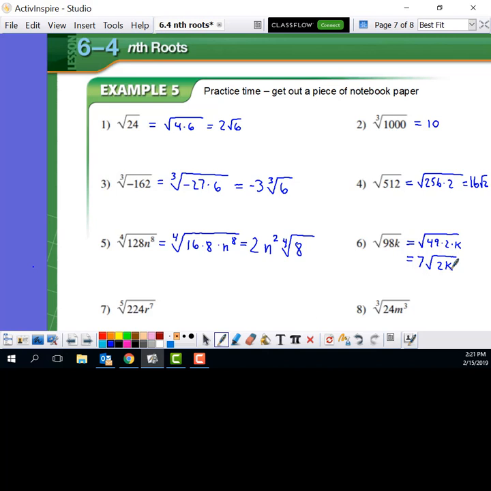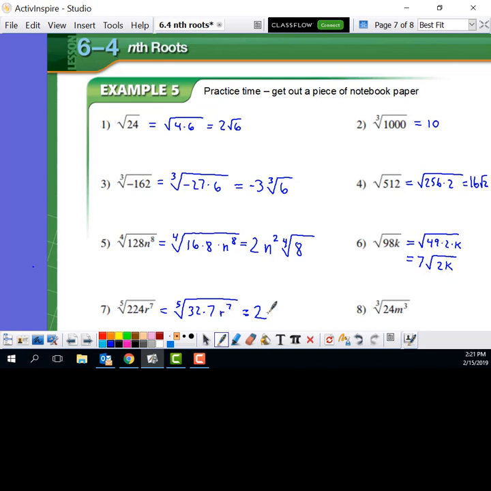Next one, number 7, the fifth root of 224 r to the 7th. What I was able to figure out there is 32 times 7 gets me 224, and we still have an r to the 7th. So 32 is 2 to the 5th, so that comes out as a 2.